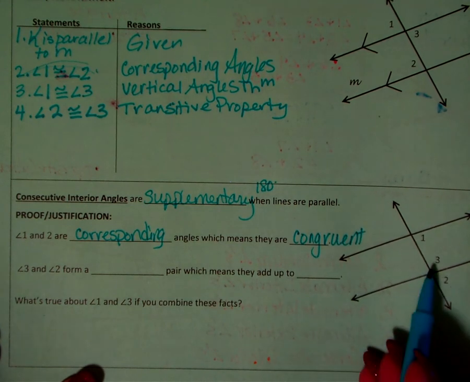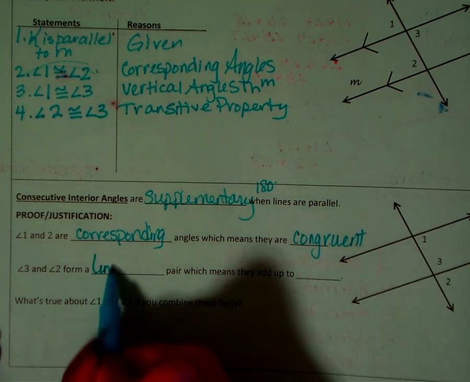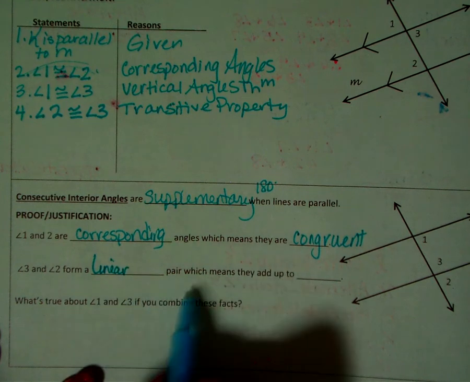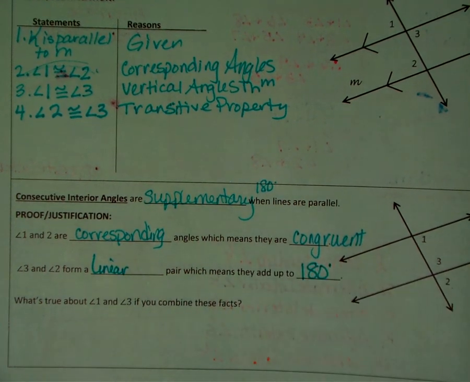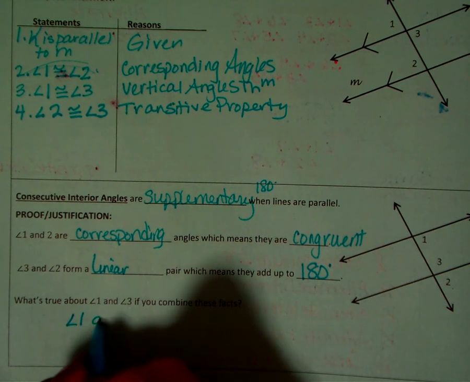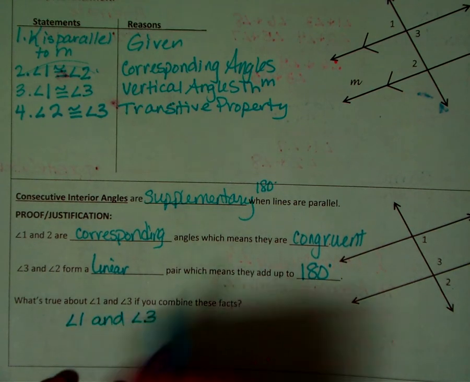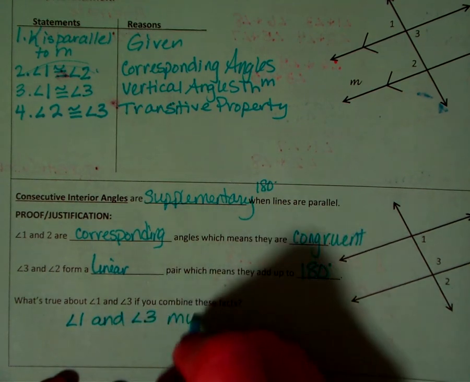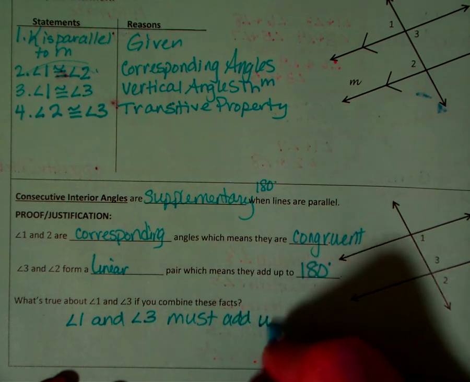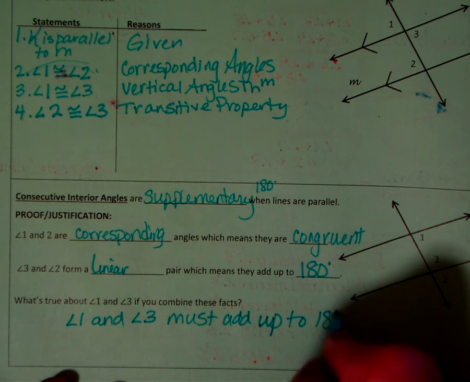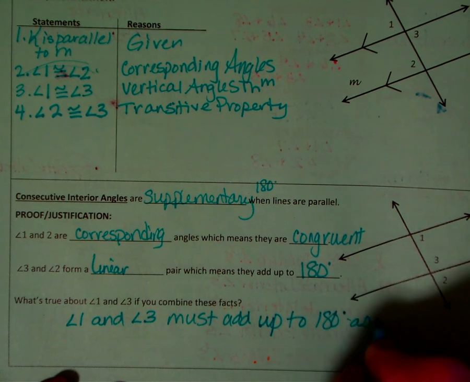Okay, angles 2 and angle 3 form a linear pair, which means they add up to 180 degrees. And what is true about angles 1 and 3? If we combine these facts, angle 1 and angle 3 must add up to 180 degrees as well.